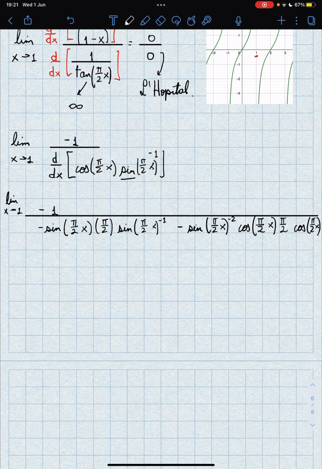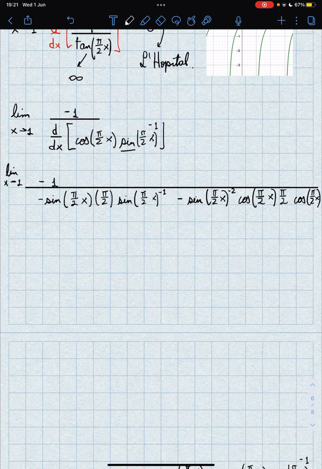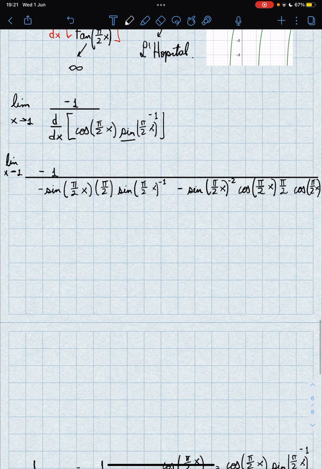So we need to evaluate this thing. At the end, if I evaluate 1 here, what am I going to have? This is sine of pi over 2, which is 1.